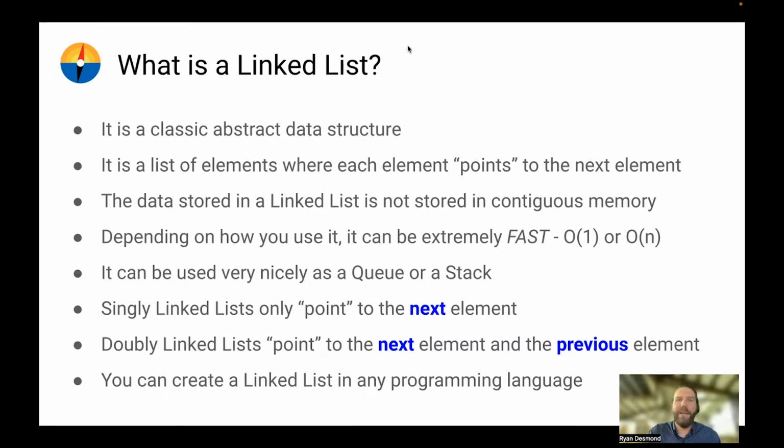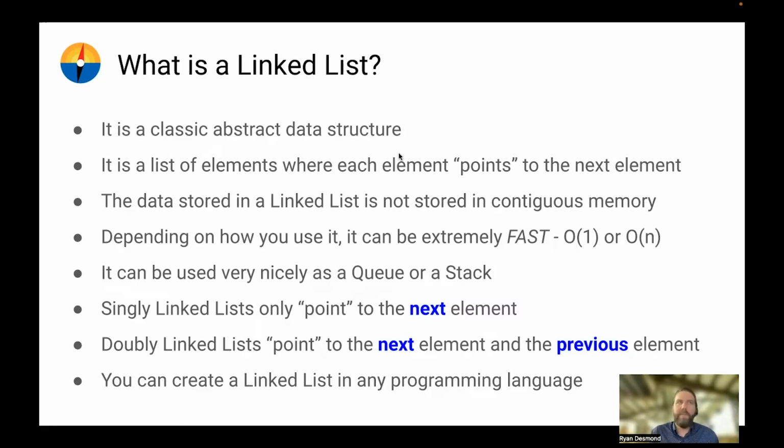It's something that we create and set up rules and then enforce those rules so that it acts in a certain way, right? In the most basic explanation, a linked list is simply a list of elements where each element points to the next.